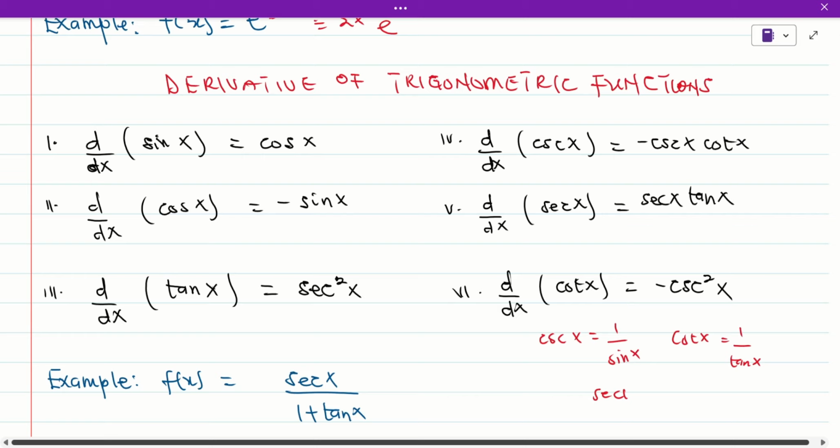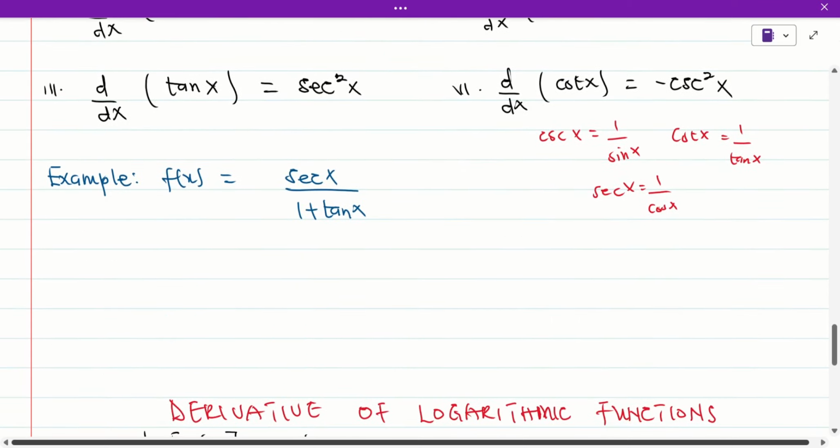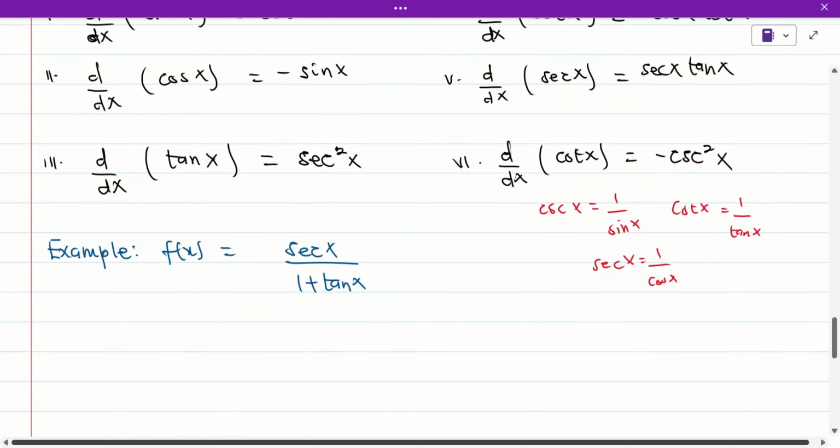And whenever you differentiate sec x, you're going to get sec x tan x. And our sec x here is 1 over cos x. And whenever you differentiate cot x, you're going to get negative cosec squared x.